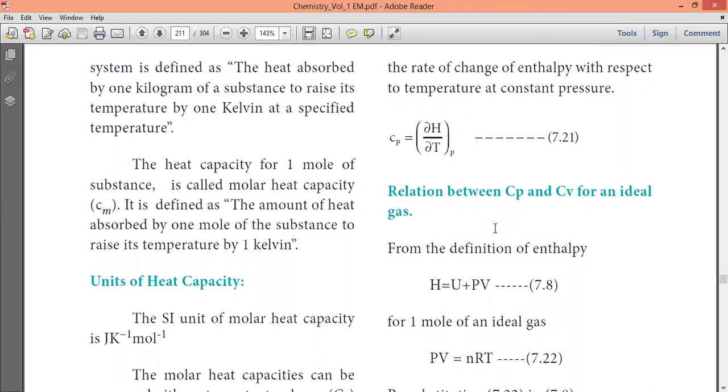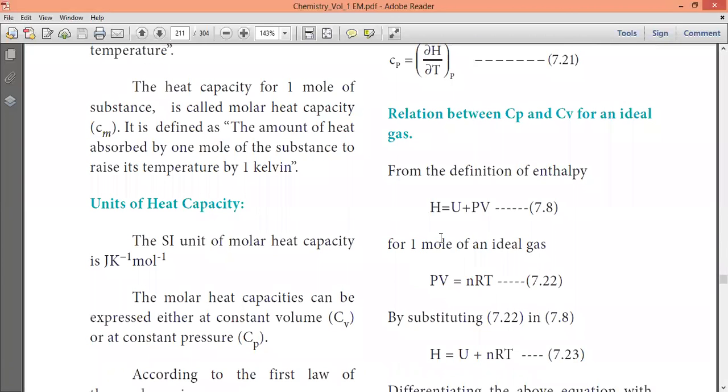Now comes the relationship between Cp and Cv for an ideal gas. We all know H equals U plus PV, where H is enthalpy, U is internal energy, P is pressure, and V is volume.